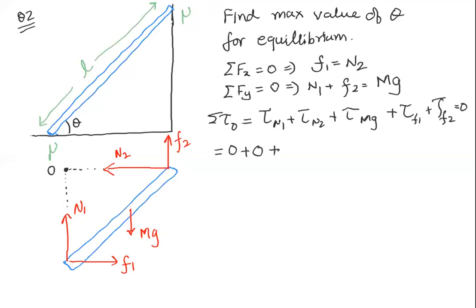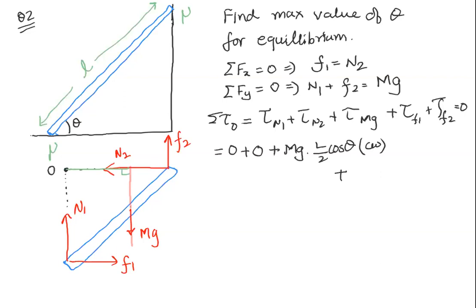I will first extend mg, then I will drop a perpendicular, and I will get mg L by 2 cosine theta. And this is clockwise.